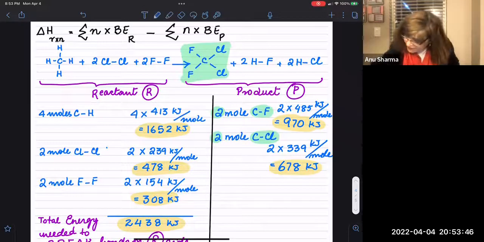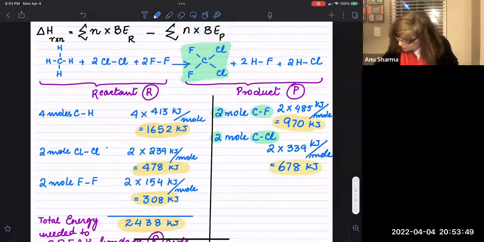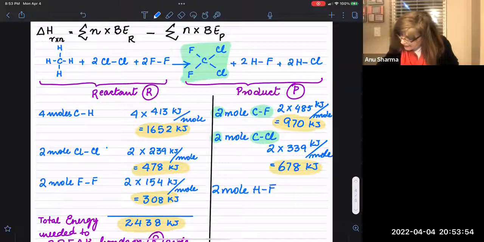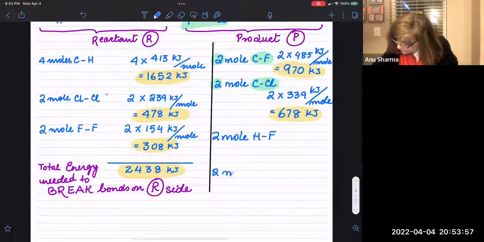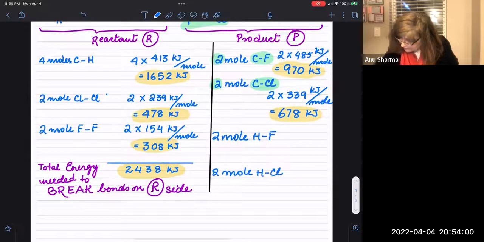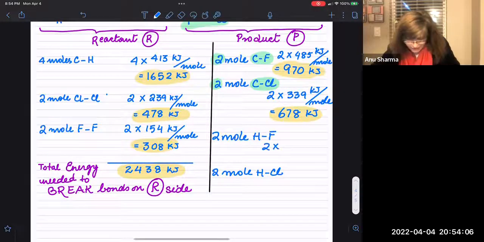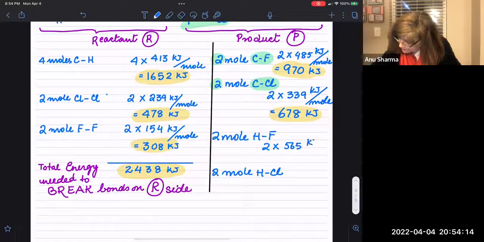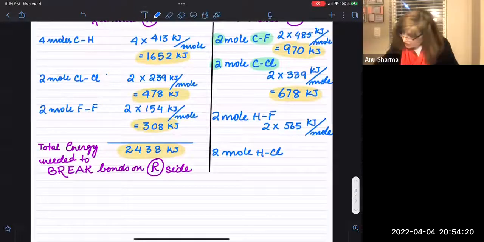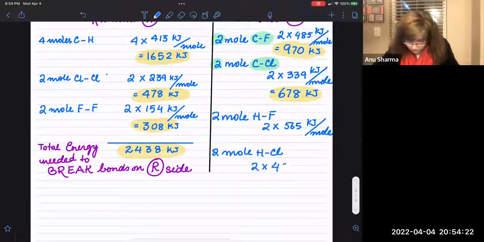Next is another piece on the product side, the 2 moles of HF and 2 moles of HCl. 2 moles of HF is 2 times 565 kilojoules per mole, and 2 moles of HCl is 2 times 427 kilojoules per mole.